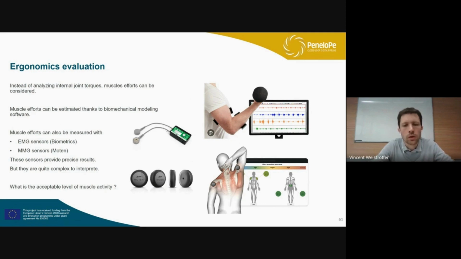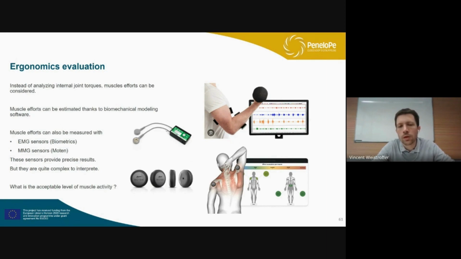You cannot only rely on a skeleton digital human model. These muscle efforts can be estimated thanks to biomechanical modeling software, such as OpenSim, AnyBody. You can also measure these muscle efforts thanks to specific sensors.